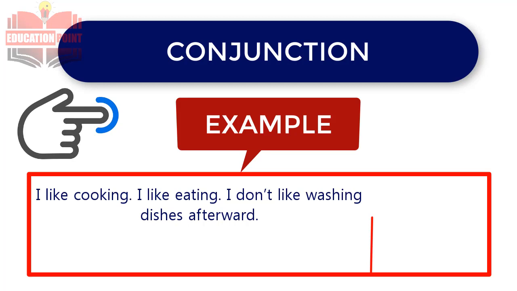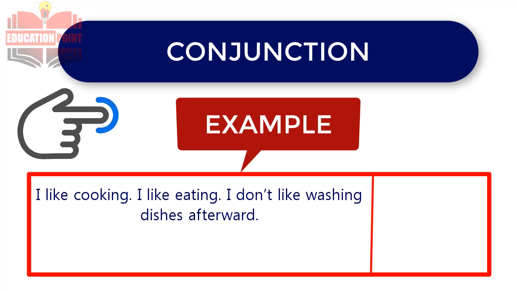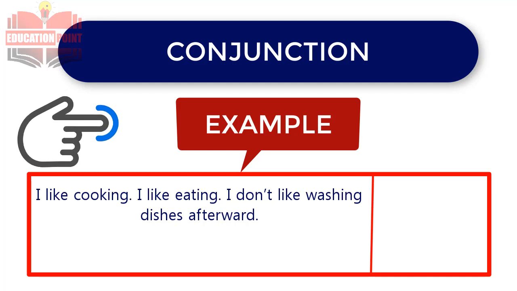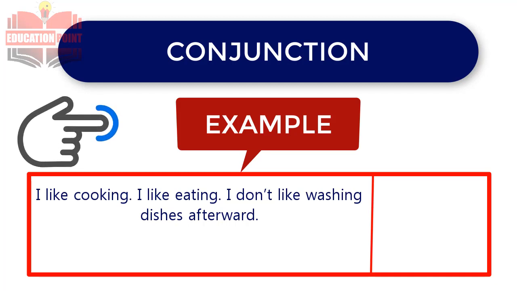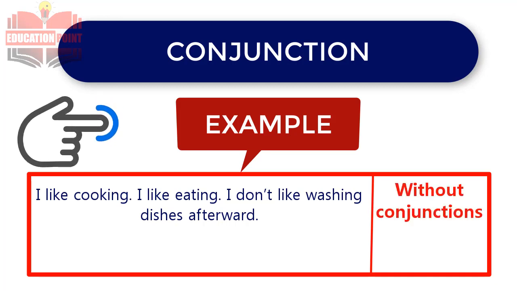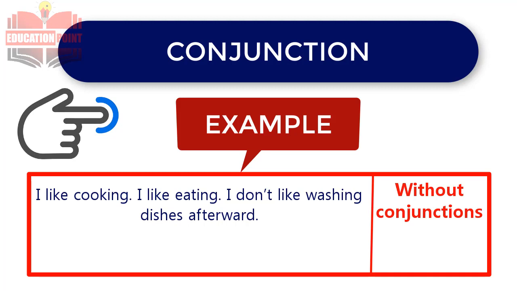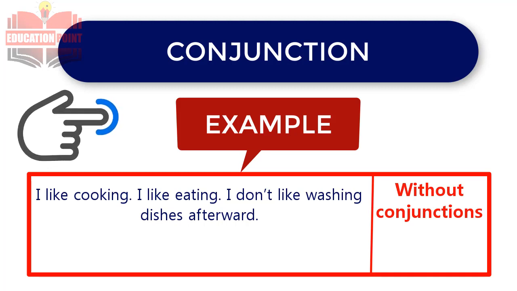If you want to communicate this to someone as a conversation, or maybe even write it somewhere, you can understand how these short sentences are repeated, and this "I" is coming every time. So it may not sound very elegant, it may not sound like standard English, and that is why you need conjunctions.